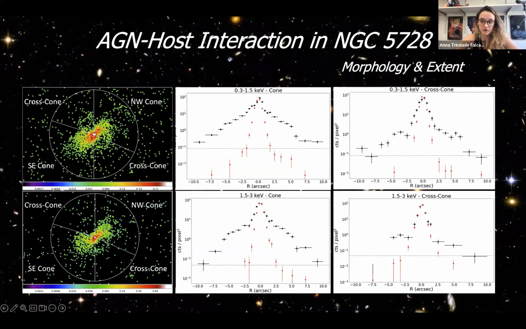So how can we study the narrow line region of these galaxies? And this is what I mentioned before about how you can measure or quantify the extent of this X-ray emission. Basically, what you do is you compare the surface brightness of this emission in certain regions to that of the model PSF, or the expected emission from a point source.